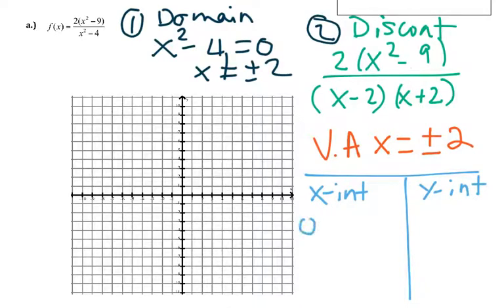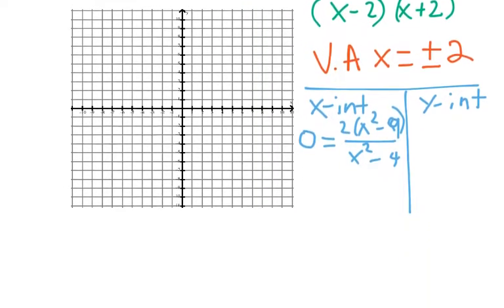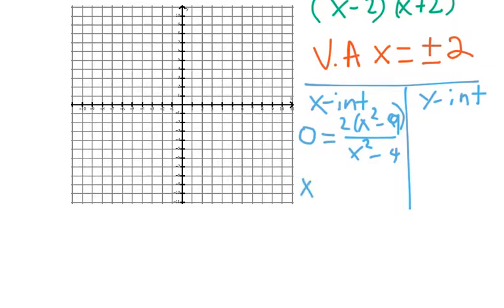So I set the function equal to 0: 2 times x squared minus 9 over x squared minus 4. So the x-intercepts occur at positive and negative 3.